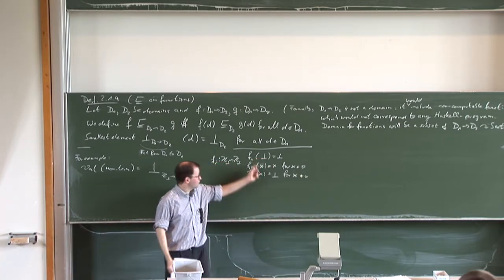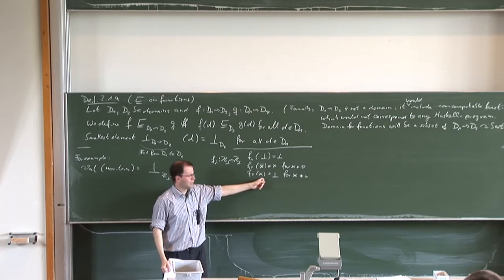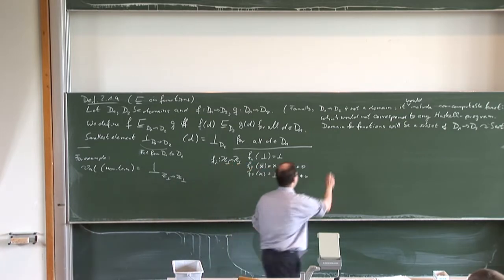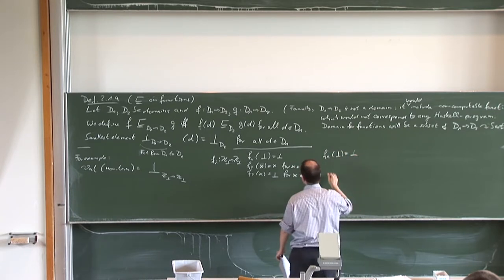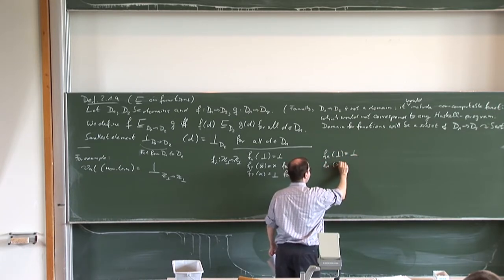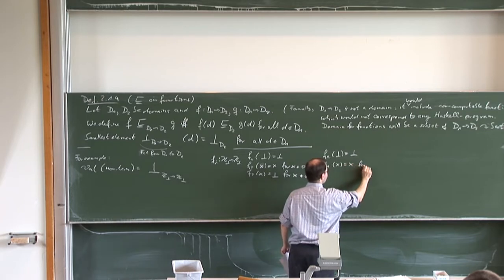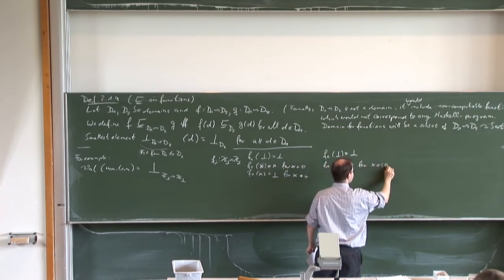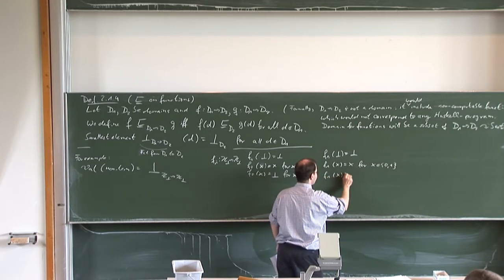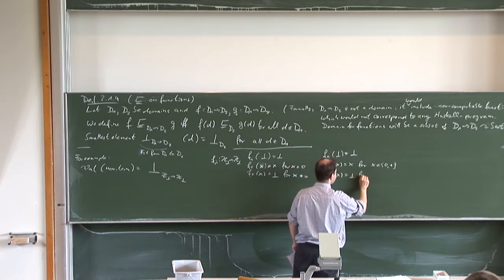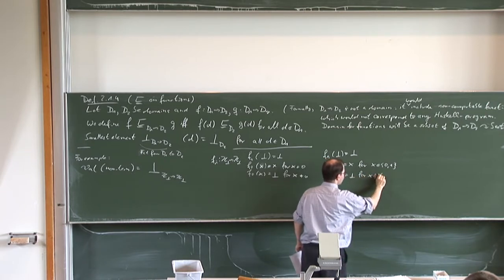So this would be defined only for 0 and undefined everywhere else. Now f1 could be bottom for bottom, f1 of x is x for not only 0 but also 1, and f1 of x is bottom for all other x's.